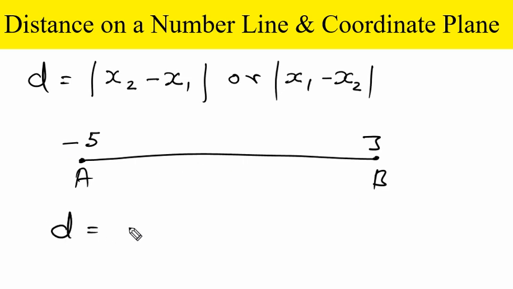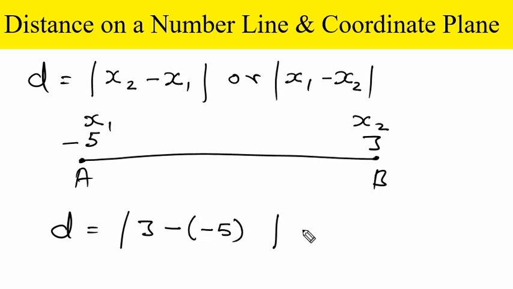You can do this minus this or this minus this, it won't make any difference because we are using the mod sign, so your answer will be positive. Let's say this is your x1 and this is your x2. So 3 minus -5, and negative negative is positive. So your answer will be 8, that is the distance.